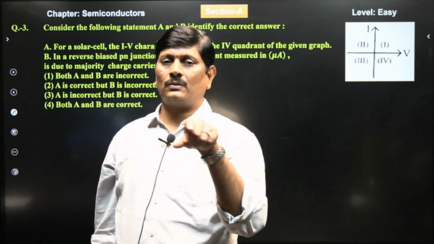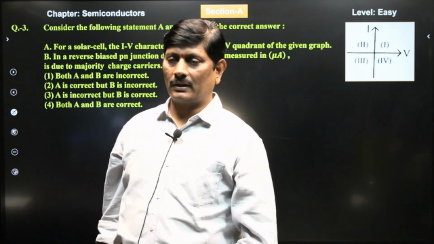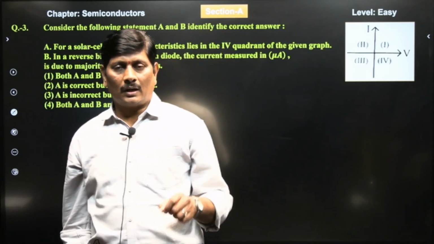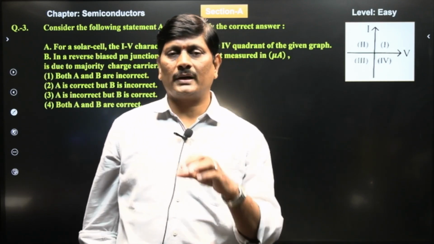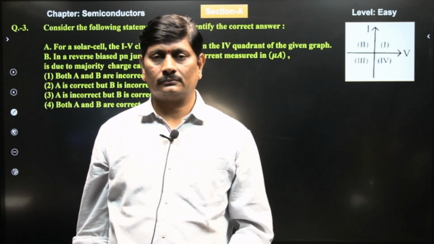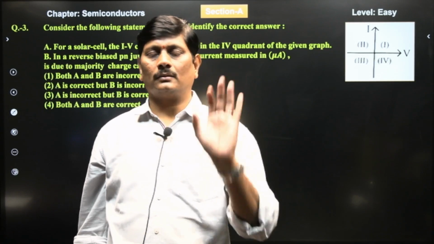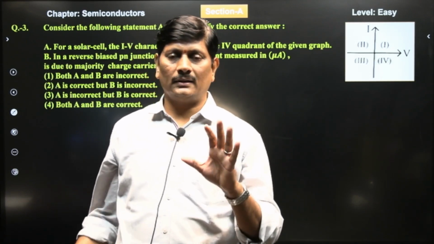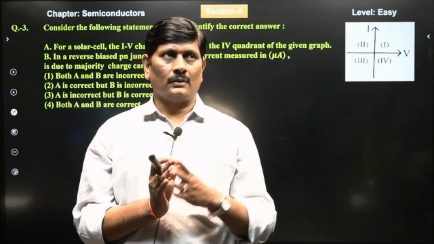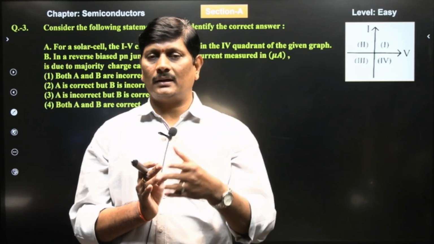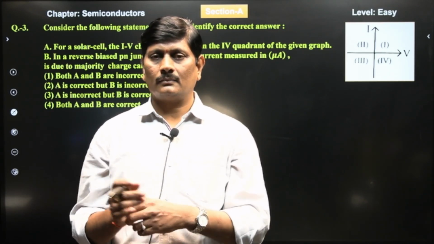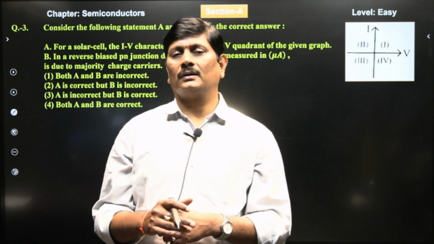Forward bias in the first quadrant, reverse bias in the third quadrant, right. Now coming to the solar cell, there is no external battery connected to the solar cell. There is no need to connect any external battery at all. The solar energy taken by the solar cell converts into electrical energy.